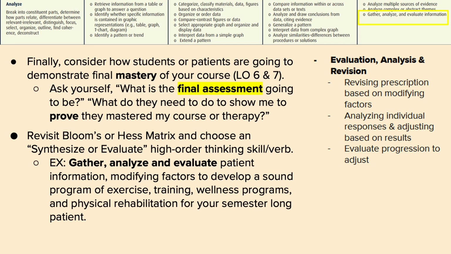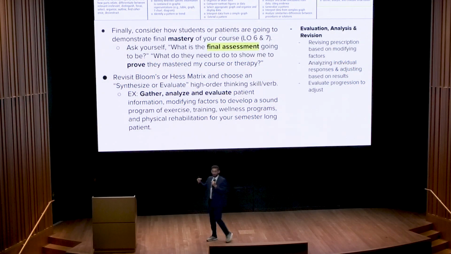And I said, gather, analyze, and evaluate patient information, modifying factors to develop a sound program of exercise, training, wellness programs, and physical rehabilitation for your semester-long patient, right? So again, this is the last thing that I'm asking students to do that will properly assess, did they actually achieve mastery of my course?